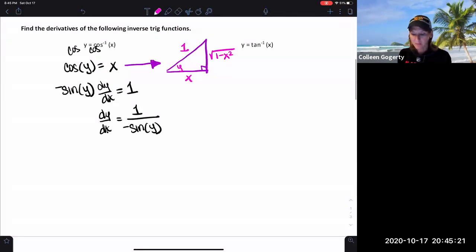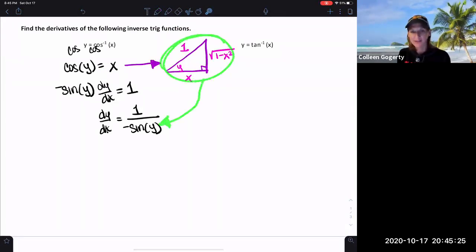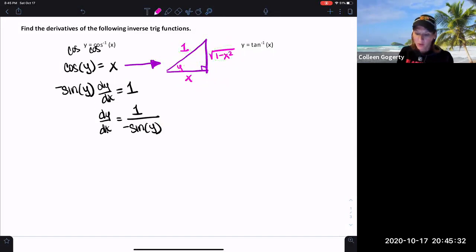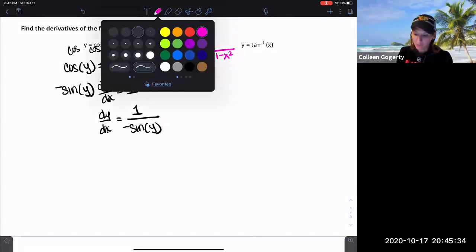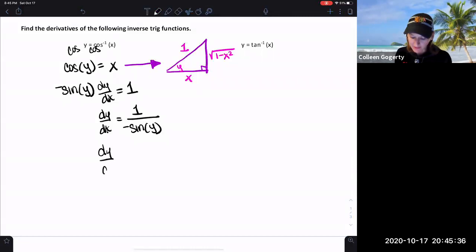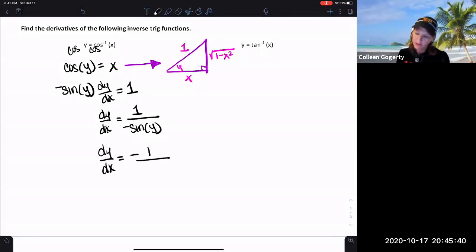So let's come back down now. Using this information, let's evaluate sine of y. So sine of y is opposite over hypotenuse. So that allows me to get to the point where dy dx is equal to negative 1 over the square root of 1 minus x squared.